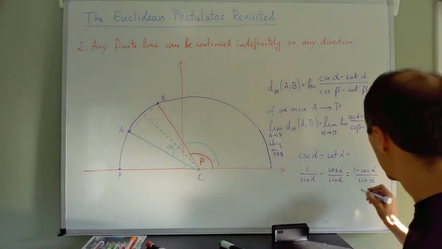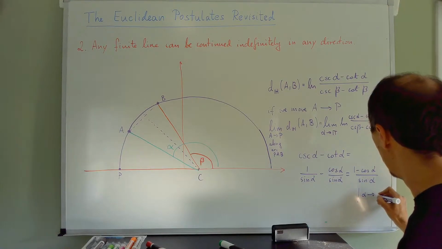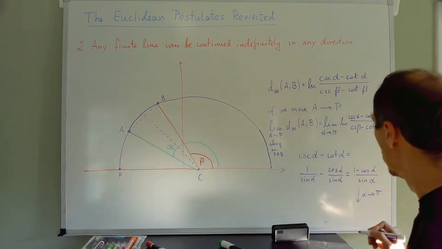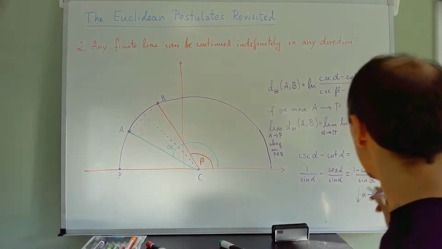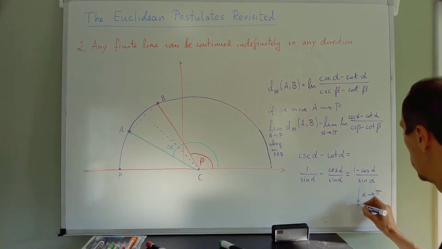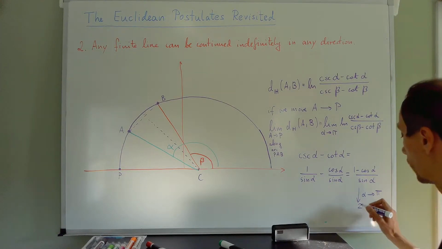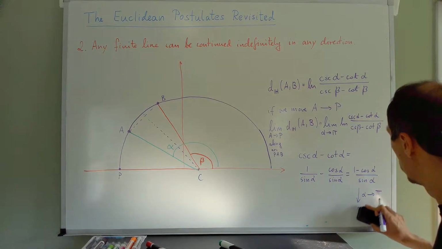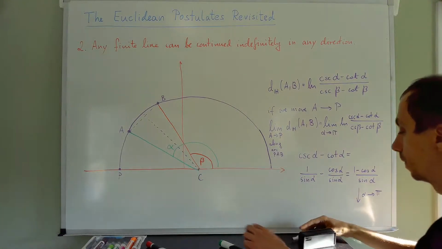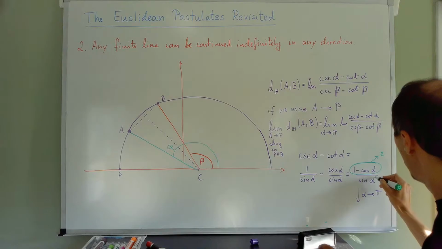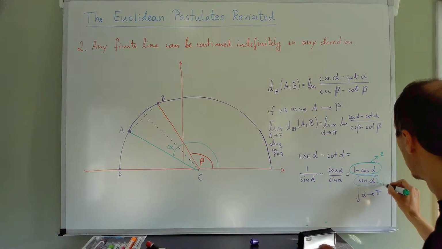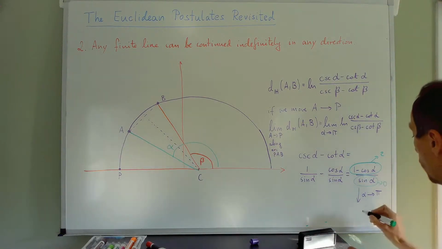And now what happens to it as alpha goes to pi? Cosine of pi is minus 1. So 1 minus minus 1, that's just going to be 2. I mean, the top goes to 2, right? The top goes to 2, but the bottom goes to 0. So this whole thing approaches infinity.